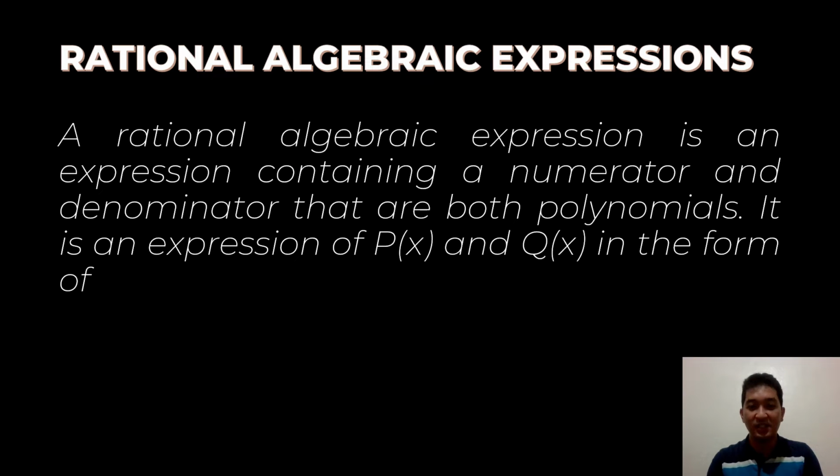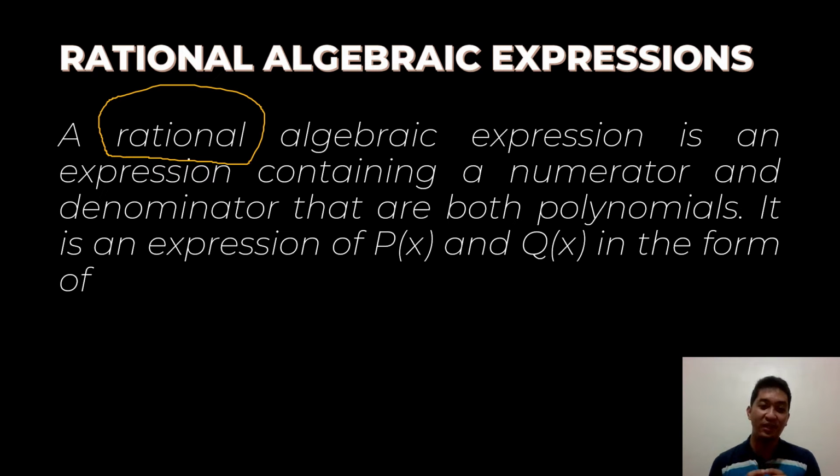So when we say rational algebraic expression, this is an expression containing a numerator and a denominator that are both polynomials or that are both algebraic expressions. Okay, so pag sinabi nating rational, dapat ang unang papasok sa utak natin, it's in mathematics, it contains fraction. It is a fraction.